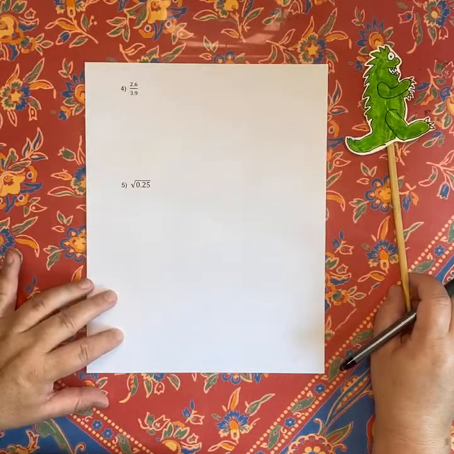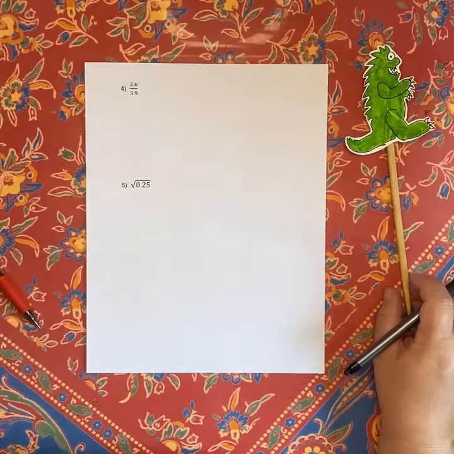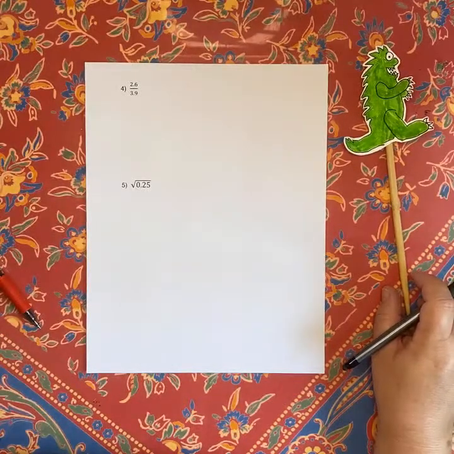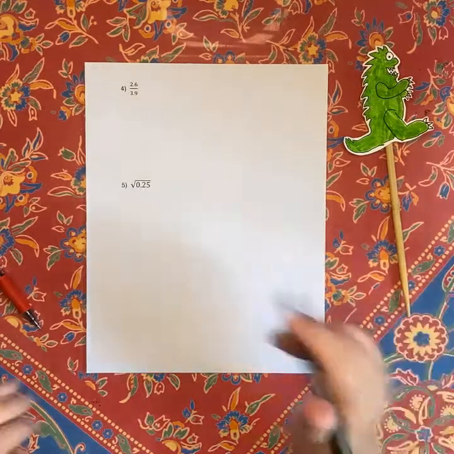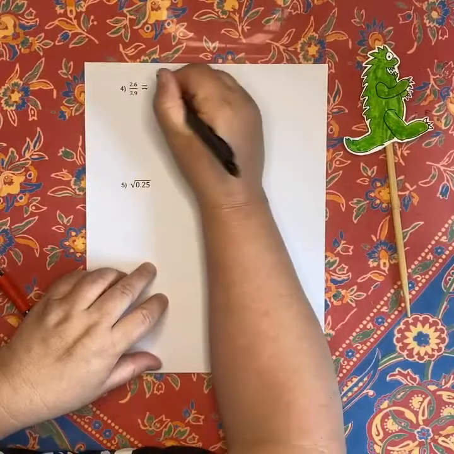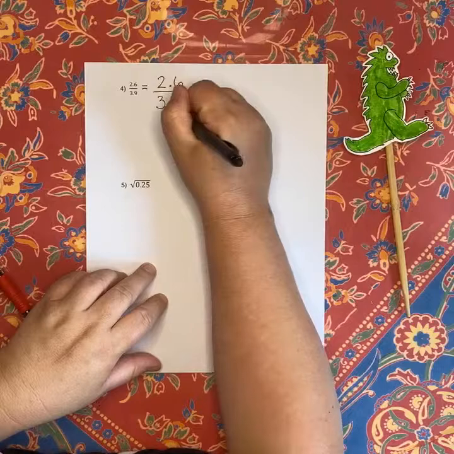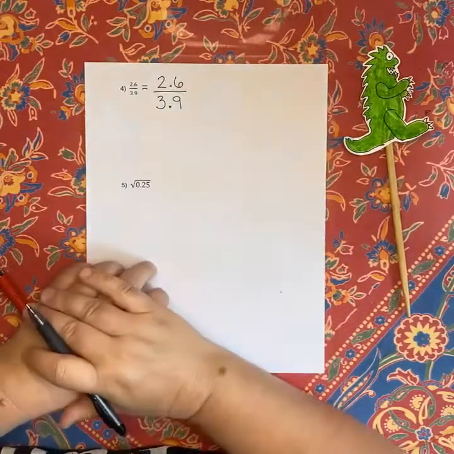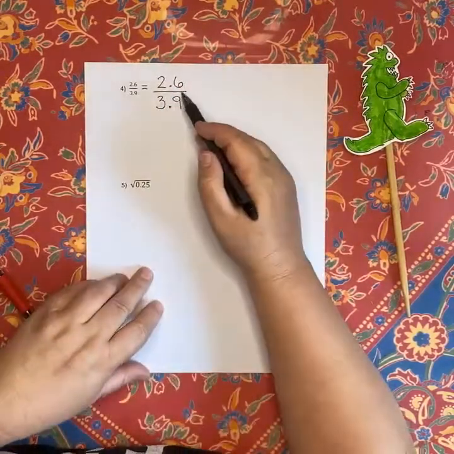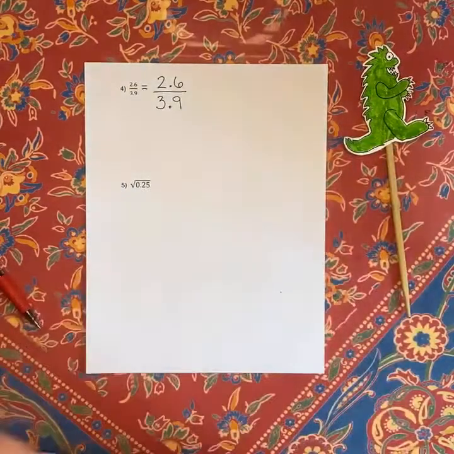Okay, so these last 2 are not necessarily intended to be hard, but I thought that they were pretty weird. I wanted to remind you of some weird things that fractions can do, just in case you're like, wait, what? This number 4 is a little bit weird because we've mixed decimals and fractions, and they do not mix.